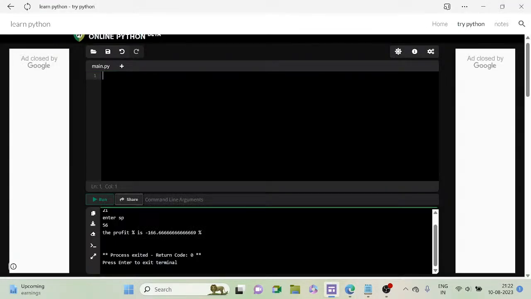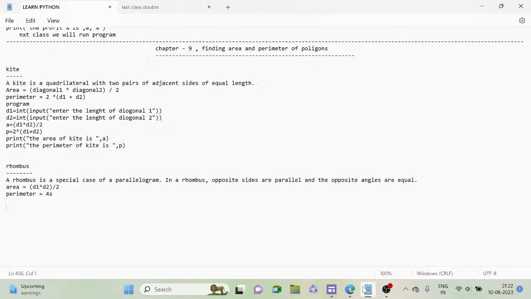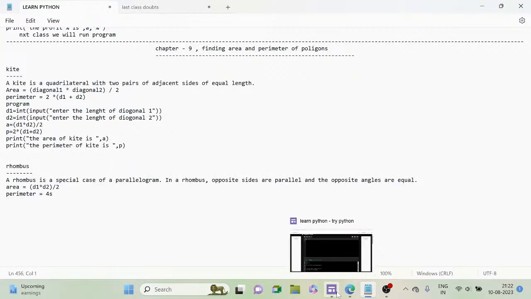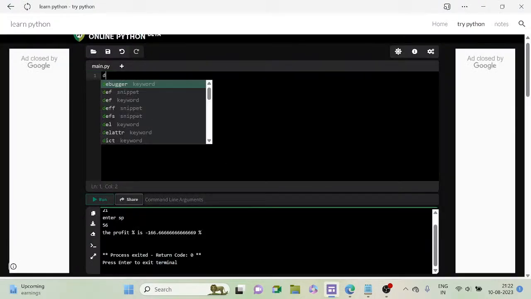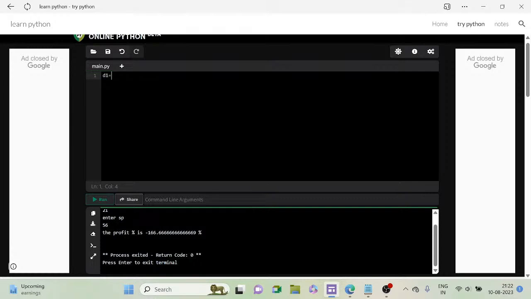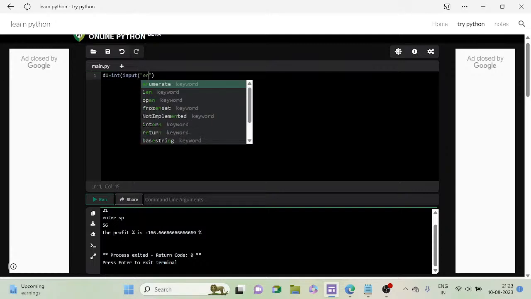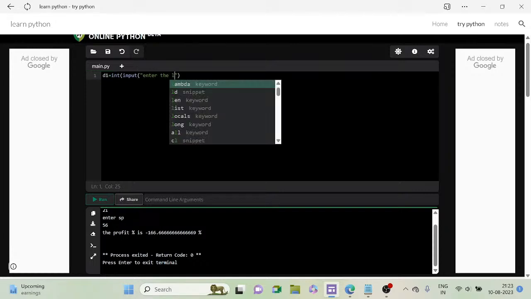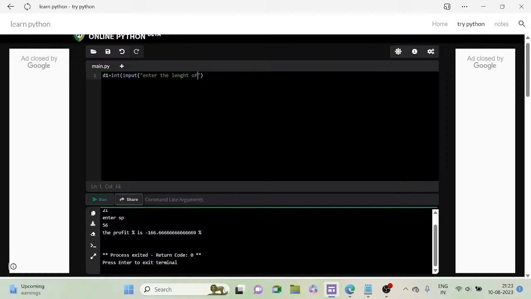First thing is diagonal 1, d1 equal to int bracket input bracket and inverted commas, enter the length of diagonal 1.